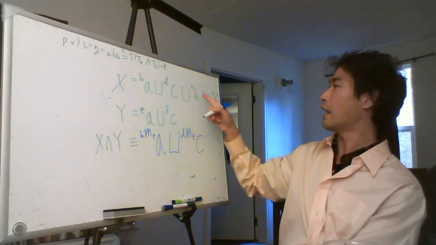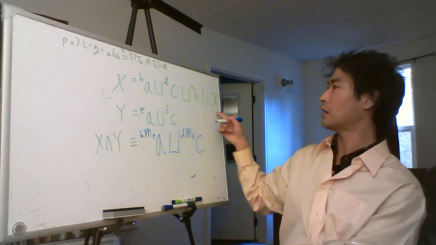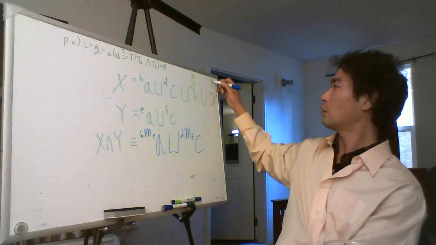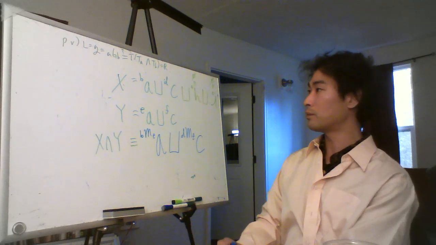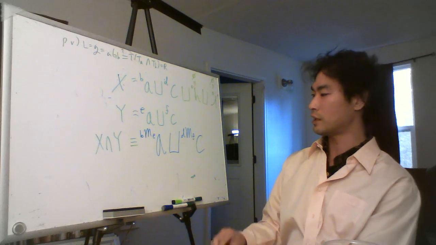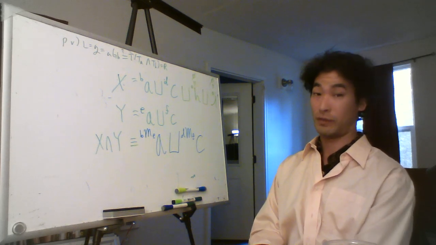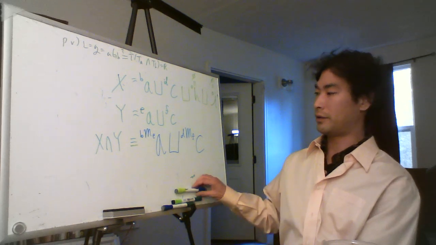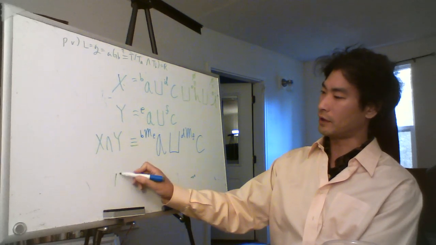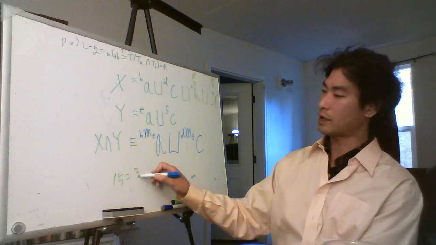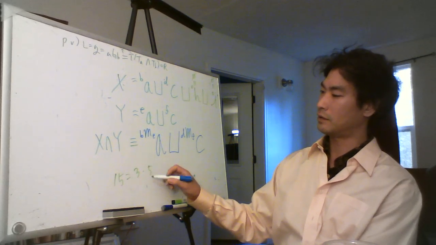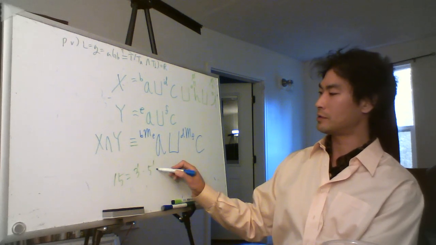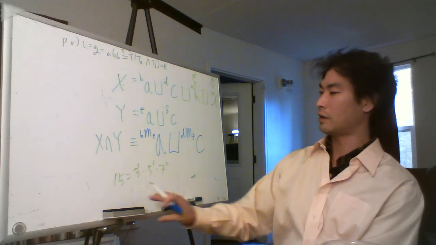So zero H's and zero I's, because these are all empty sets. Why? Think of prime factorization. The prime factorization of 15 is 3 times 5. 15 is equal to 3 to the first, 5 to the first, times 7 to the 0th.